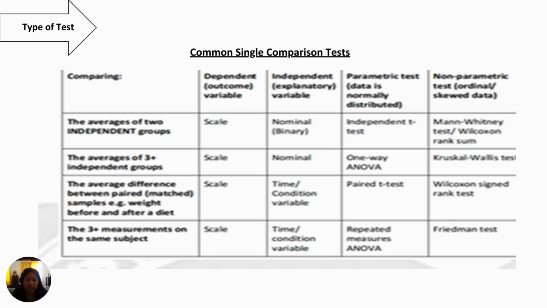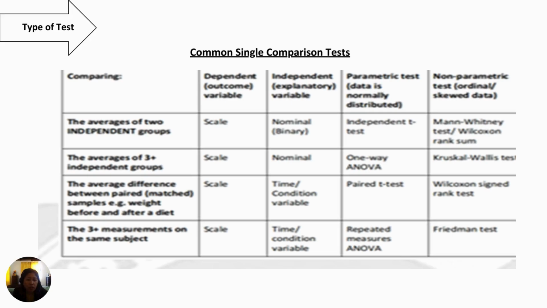Okay? Now, halimbawa kung ang data naman is ordinal or skewed yung data, meaning the data is not normally distributed, there are a lot of outliers, then we use the non-parametric test, Mann-Whitney test or Wilcoxon rank sum.